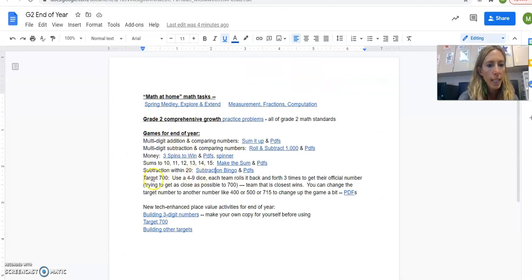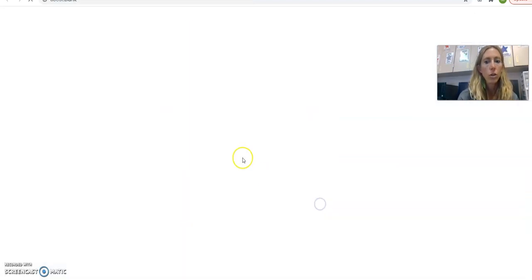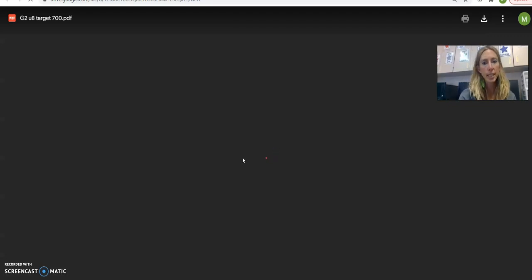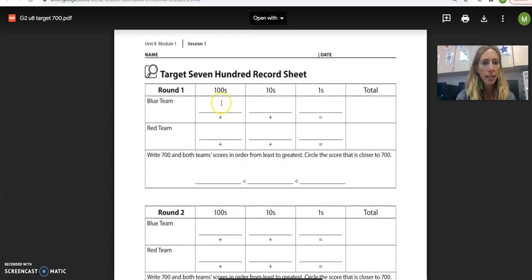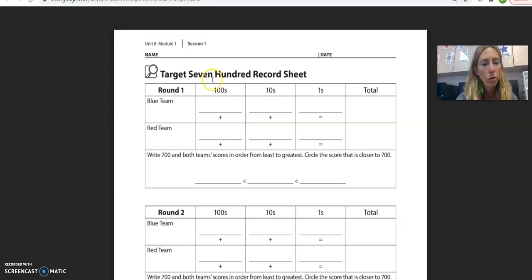Then you have Target 700, which happens to be in Unit 8. All you need is one 4 to 9 dice. You would have this PDF here, and you're on 2 teams, or 2 people, or you versus the class. You roll the dice, and you decide if you want that number to be the 1s, the 10s, or the 100s. If I roll a 5, I'm trying to get as close as I can to 700. So where am I going to put that 5? In the 1s, the 10s, or the 100s? If I'm putting it in the 10s, then I'm at 50 right there.